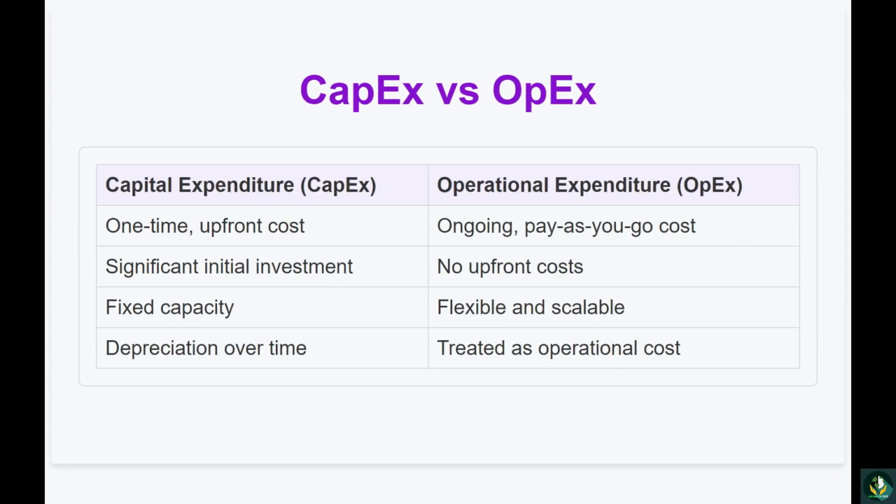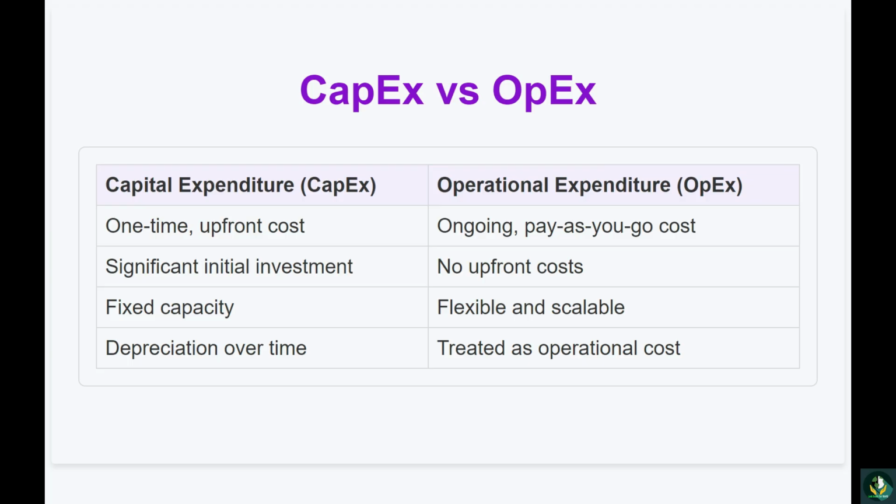In the context of IT infrastructure and cloud computing, understanding the distinction between capital expenditure, CapEx, and operational expenditure, OpEx, is crucial. These two financial models represent fundamentally different approaches to acquiring and managing IT resources. Capital expenditure, or CapEx, refers to the upfront investment in physical assets that a company expects to use for an extended period.